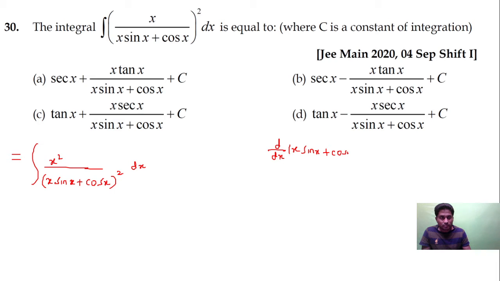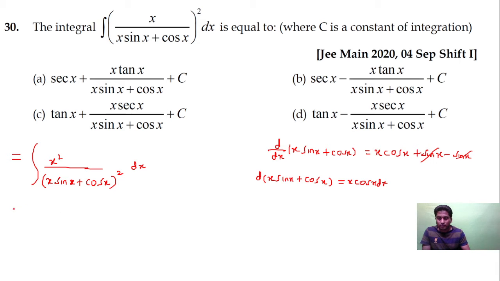If I use the product rule, first function is x, differentiation of sin is cos, the second function is sin, differentiation of x is 1 and differentiation of cos is minus sin. This will cancel. So d of x sin x plus cos x is equal to x cos x dx.